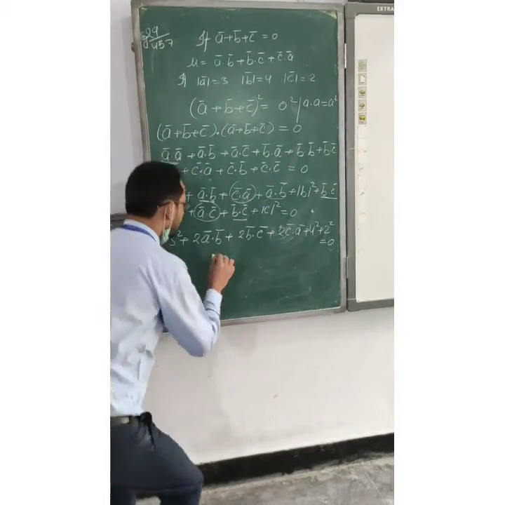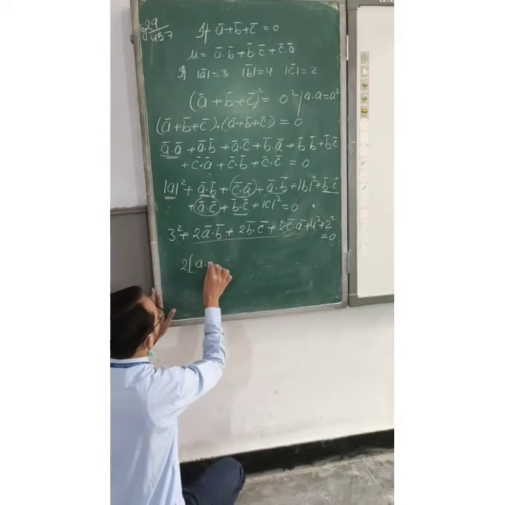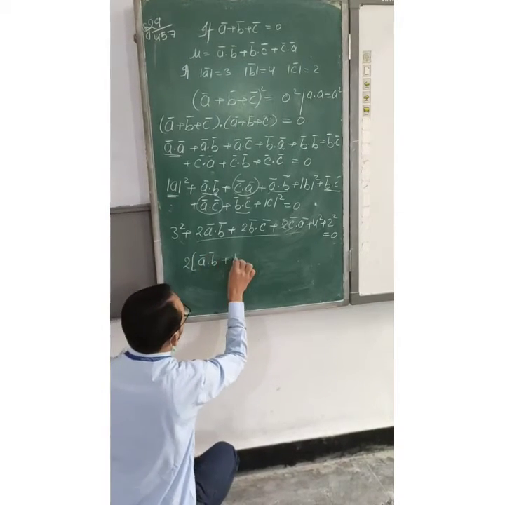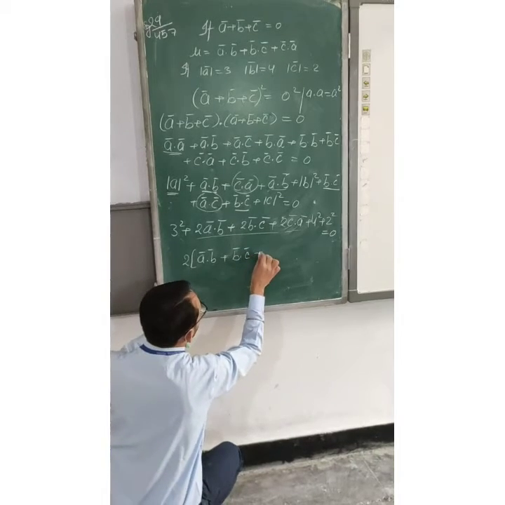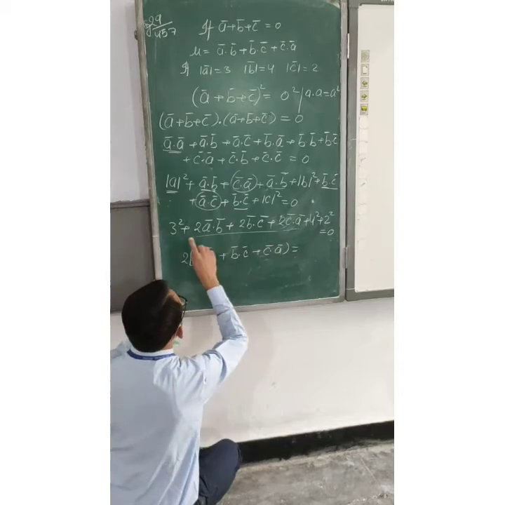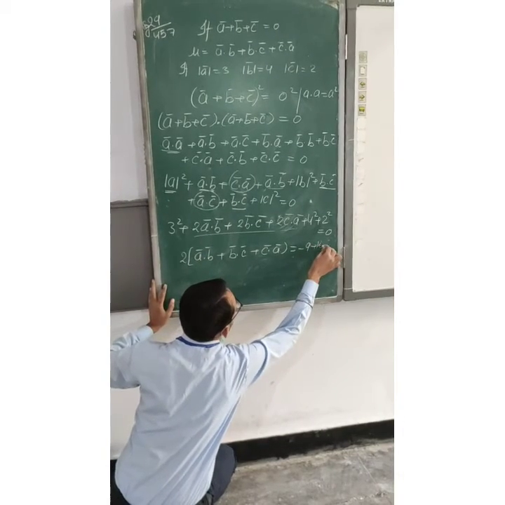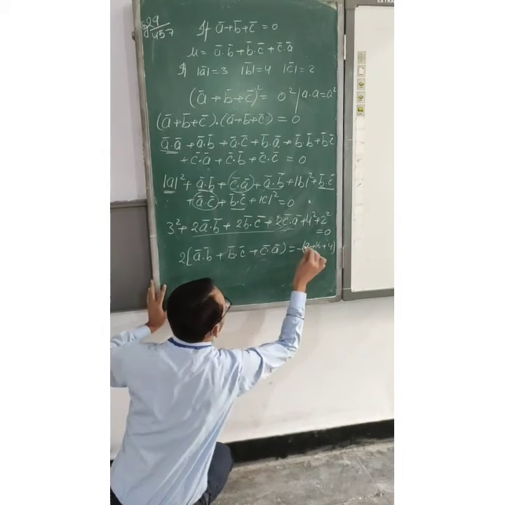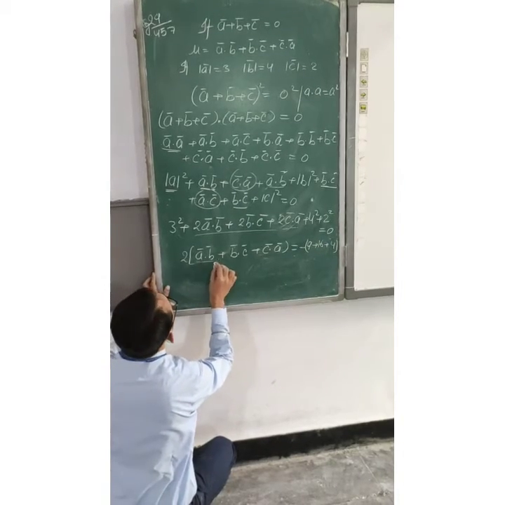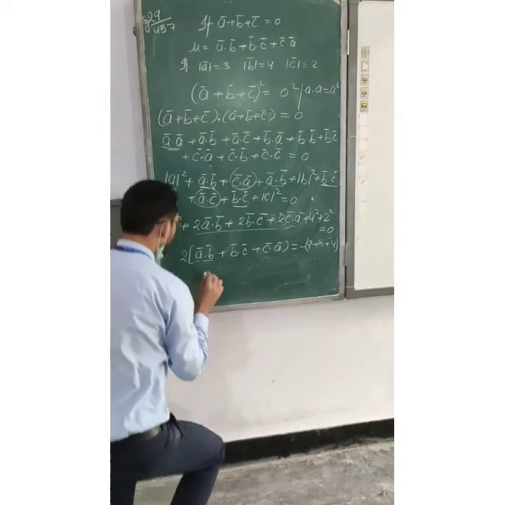So now what I can write is, taking 2 common, 2 times A dot B plus B dot C plus C dot A equals minus 9 plus 16 plus 4. This gives us A dot B plus B dot C plus C dot A. This only was mu.